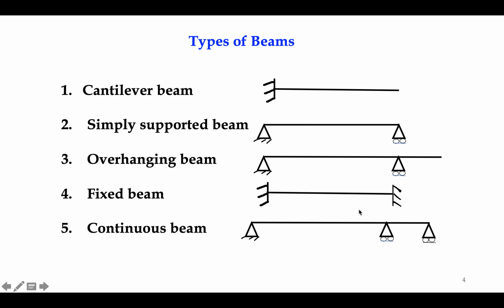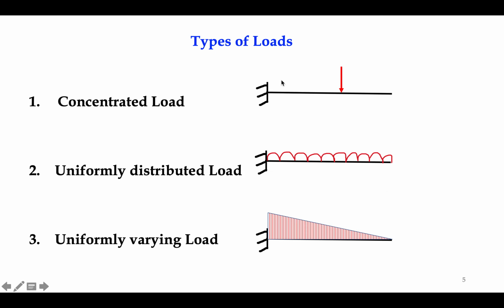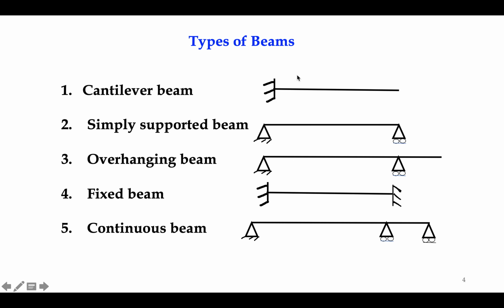Then in your third semester you must have studied the basics of what a cantilever beam is and how it looks. So we know this is a cantilever beam. A cantilever beam is a beam which has a fixed support. One end is fixed and the other end is free. A simply supported beam is a beam where one end is hinged and the other end is roller.